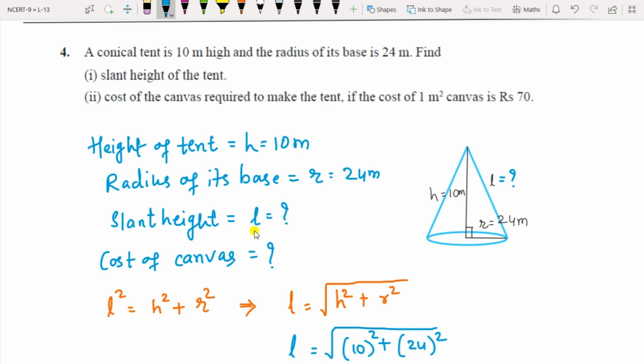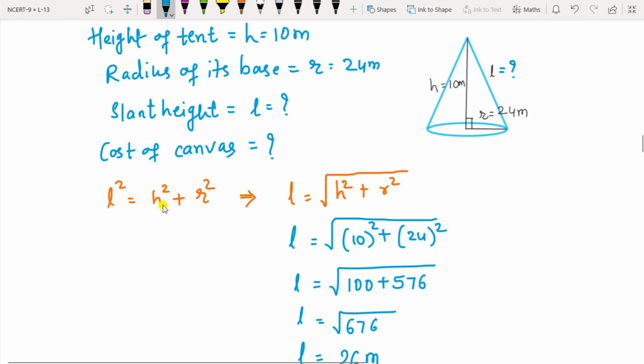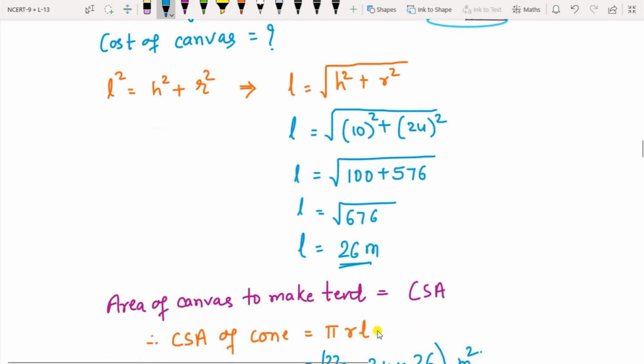You don't know L, so using the formula L square equals H square plus R square, we can find L. To find L, apply the square root. H is 10 and R is 24, so 10 square is 100 plus 576 gives 676, and the square root of 676 is 26 meter. So L is 26 meter.